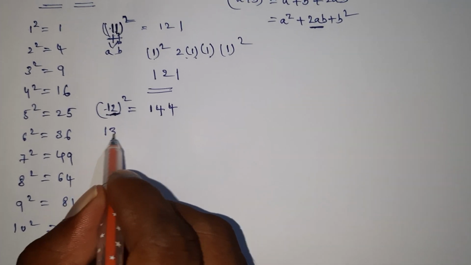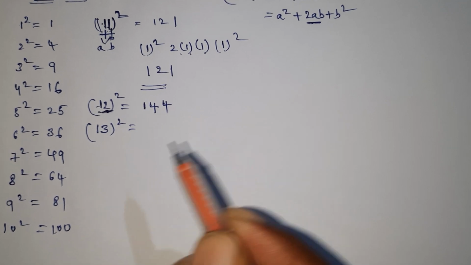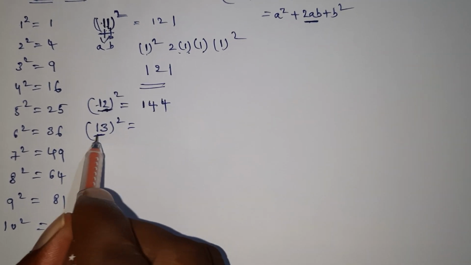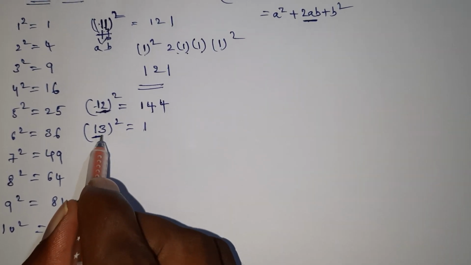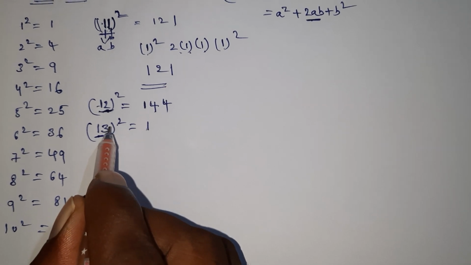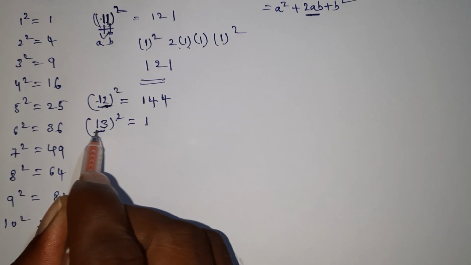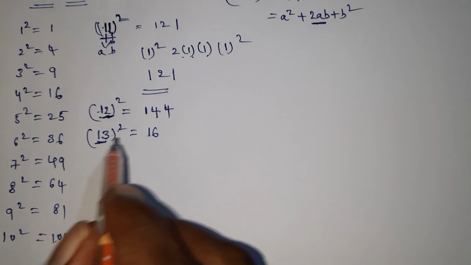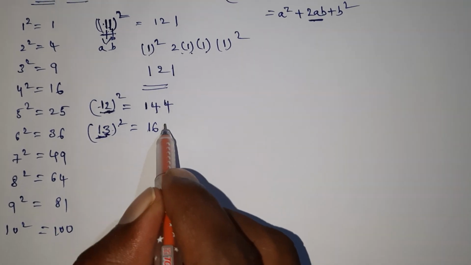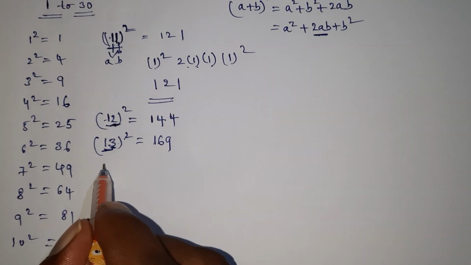And 13 square. 1 square 1. Next 2ab, 2 into 3 into 1 is 6. And next b square means 9: 169. And 14 square.